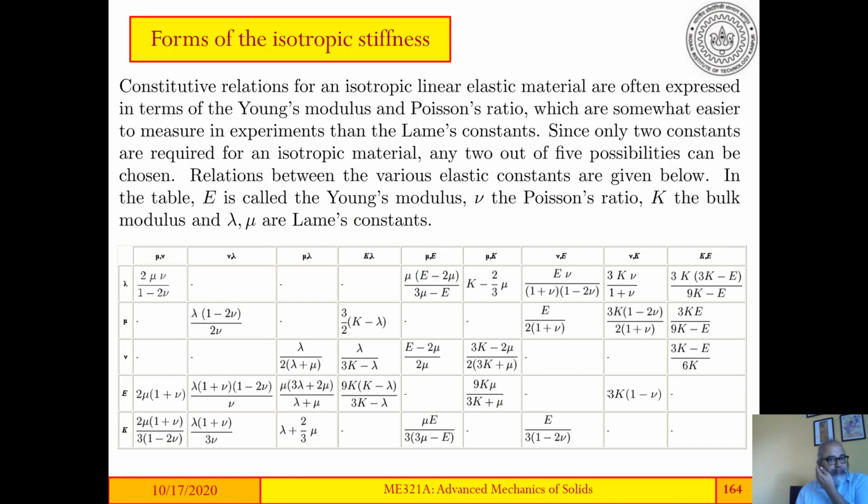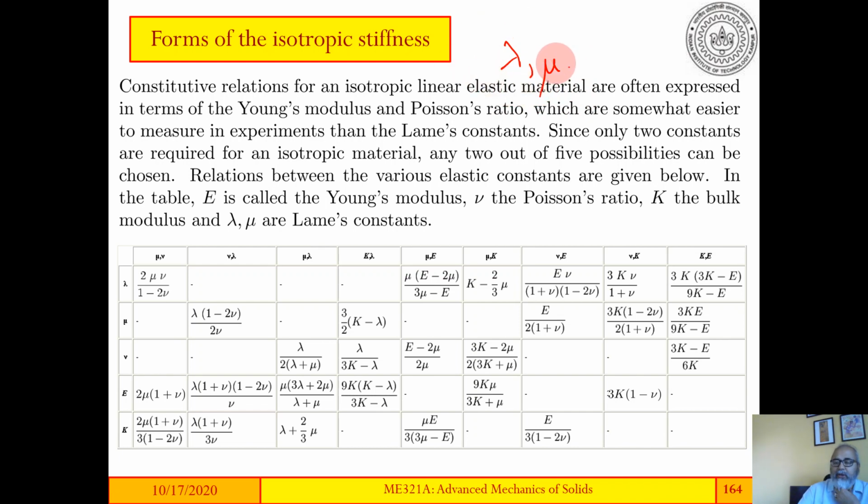Now you know that there are two constants that are required in order to define the properties of a linear elastic isotropic material completely. And these two constants that we have taken into account are called Lamé constants, and we have called them lambda and mu. However, Lamé constants are not always easy to measure in an experimental setup.